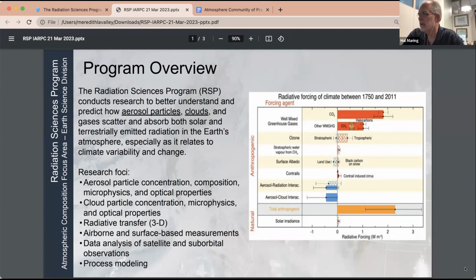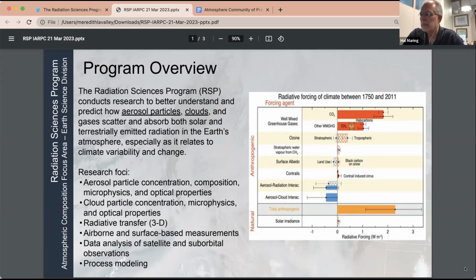The reason I included it is to indicate that most of the uncertainty in our estimation of radiative forcing of the climate comes from clouds, aerosols, and their interactions. And so I have focused my program on that.